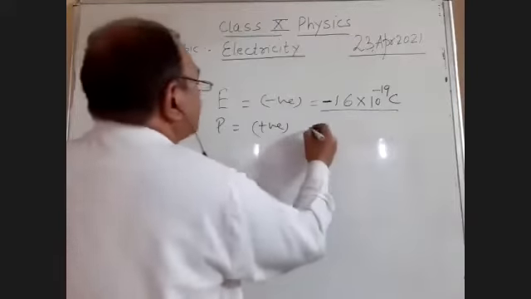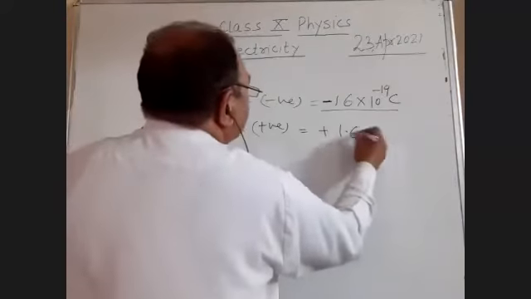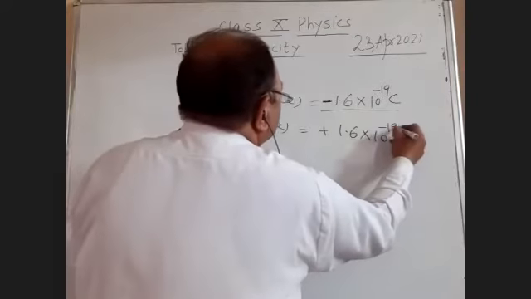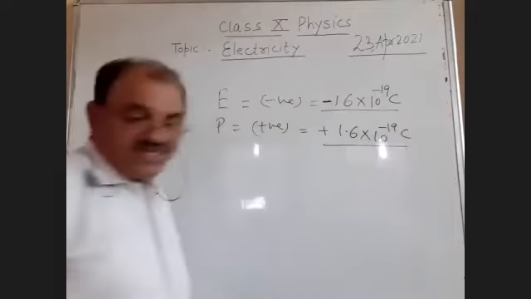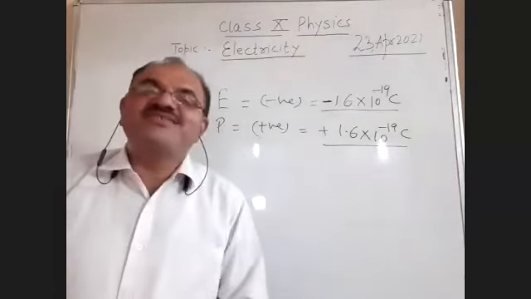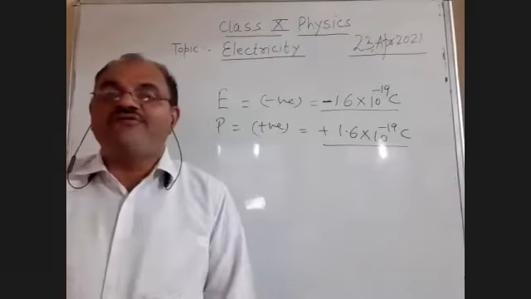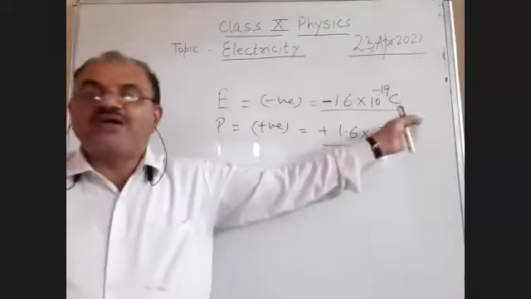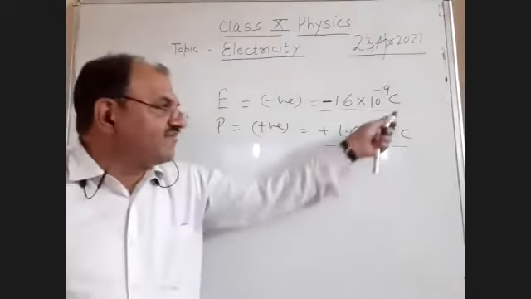And on the proton, it is plus 1.6 into 10 raised to the power minus 19 coulomb. Now, the question asks: calculate the number of electrons in 1 coulomb of charge.